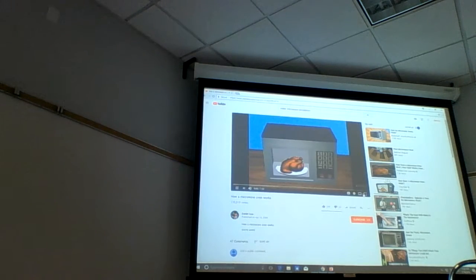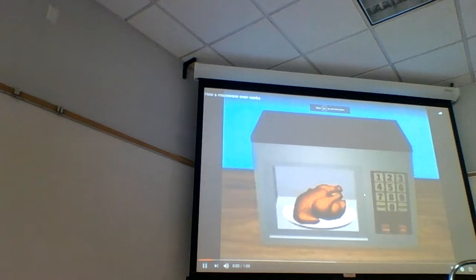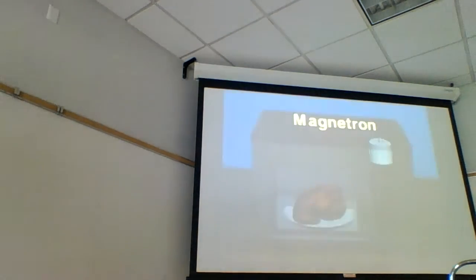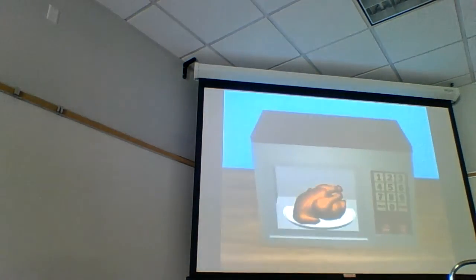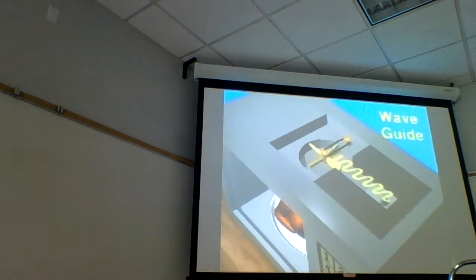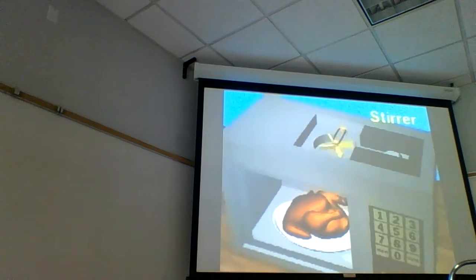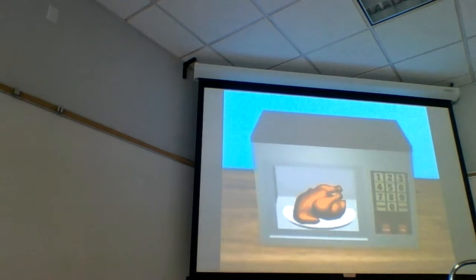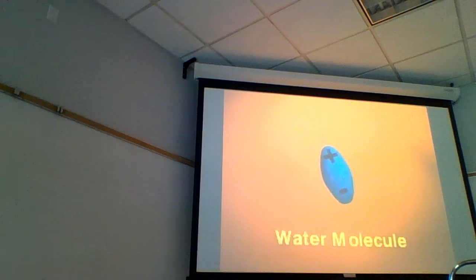In a microwave oven, an electronic vacuum tube called a magnetron produces short radio waves called microwaves. In most such ovens, these waves travel through a waveguide, a rectangular metal tube, to a stirrer, a fan-like device that scatters the waves around the metal interior of the oven. The waves bounce from wall to wall until they enter the food. Water molecules, which are contained in most foods, are dipolar.